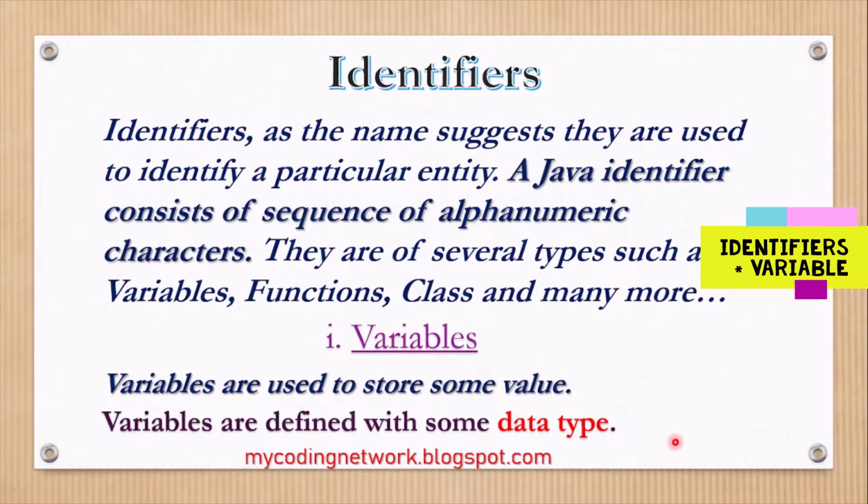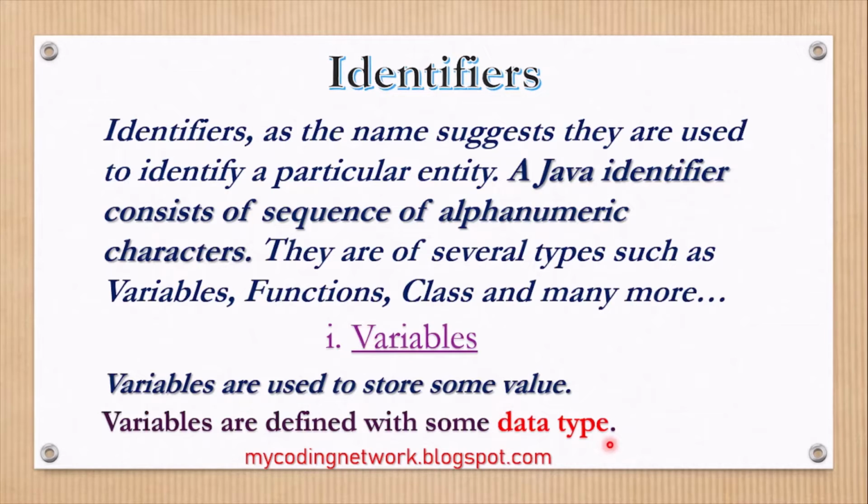They are used to store some values. The space and type of data which is going to be stored in the variable is decided by the data type. Data type decides what type of data is going to be stored, and it also decides the capacity of the variable.